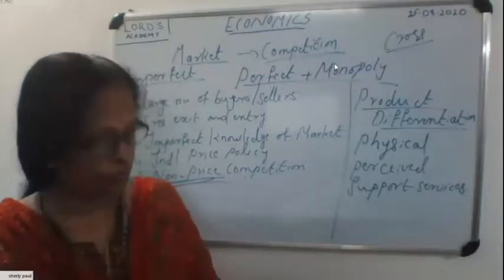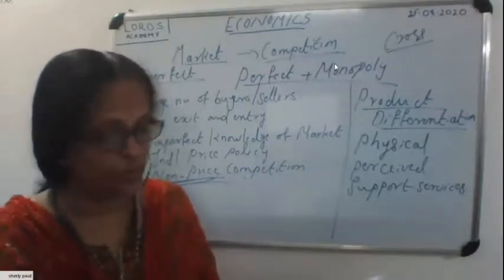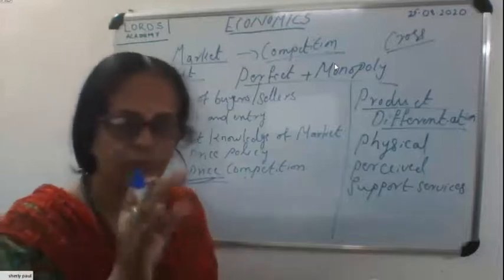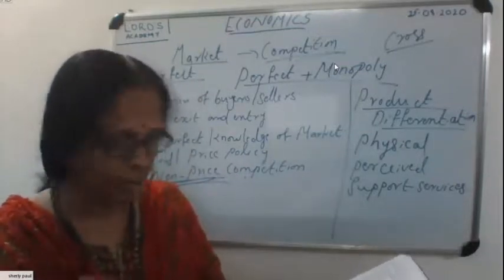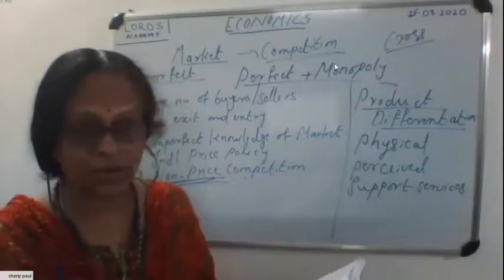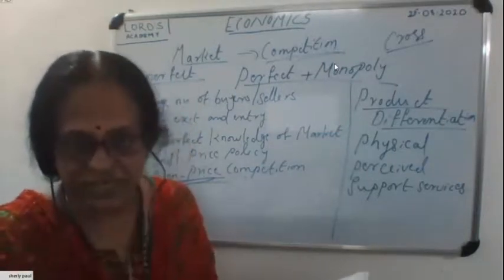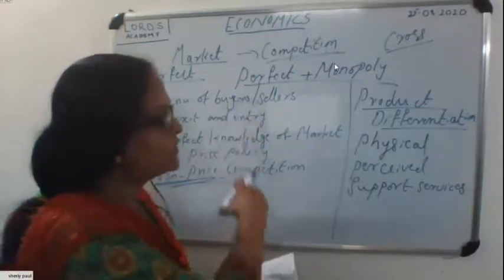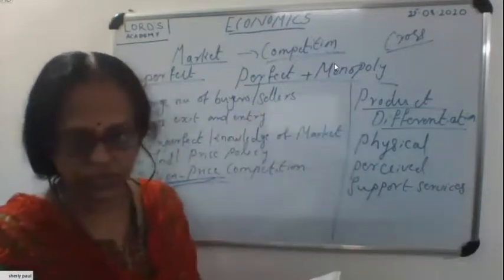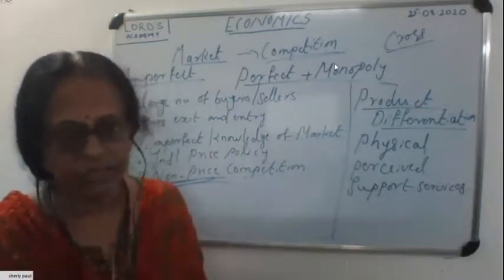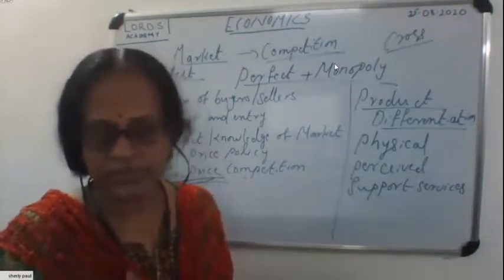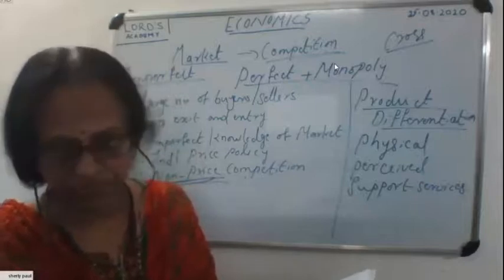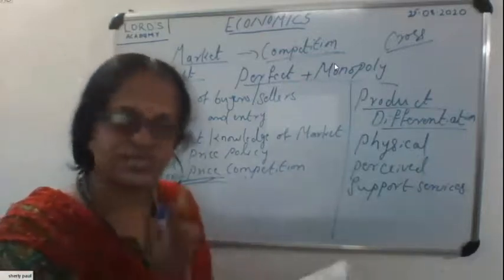Here we can study perfect and monopolistic, and monopoly and monopolistic, because the points are the same: basis of product, price policy, knowledge of market, number of sellers, product differentiation, and the characteristics related to how it works in these 2 markets. If you have any doubt regarding that table, inform me and I will explain it in the next class if you want. Otherwise, the points are the same.